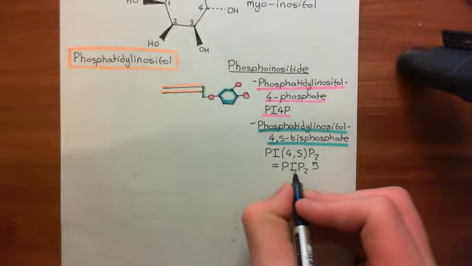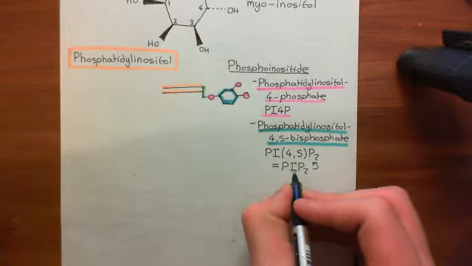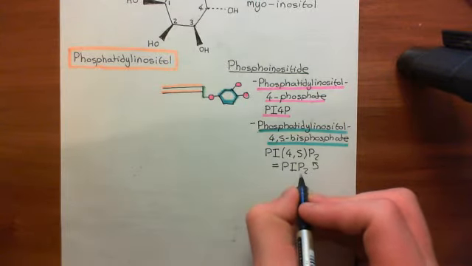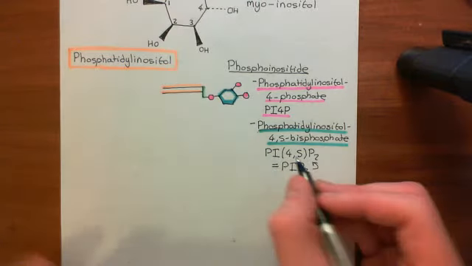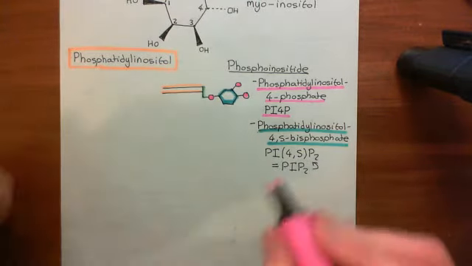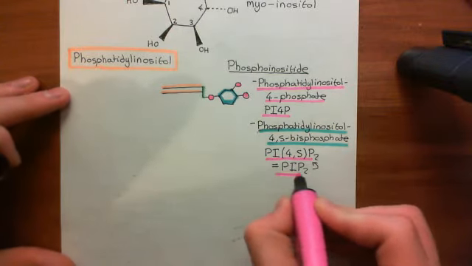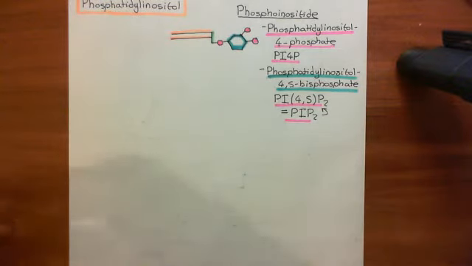If someone was talking about a phosphoinositide where they came off, for instance, the 2nd and the 3rd, they would absolutely stress that fact. They would not just abbreviate it to PIP2. The only one that you can abbreviate to PIP2 is when the phosphate groups come off the 4th and the 5th carbons of that myo-inositol ring, because this is the most famous, basically. So PIP2 is phosphatidylinositol 4,5-bisphosphate.